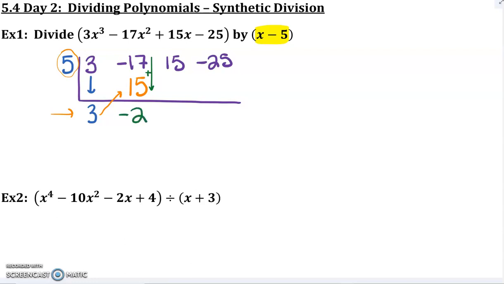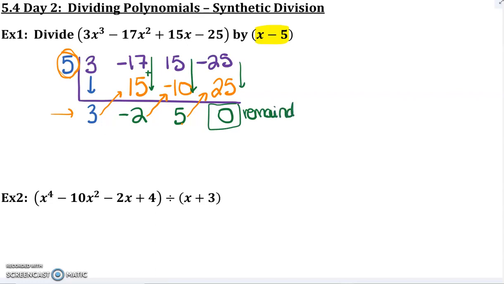Now we multiply. 5 times negative 2 is negative 10. And then we add 15 and negative 10 gives us 5. Multiply. 5 times 5 is 25. And then add negative 25 plus 25 is 0. This number is going to be your remainder. So in this case, we don't have a remainder.